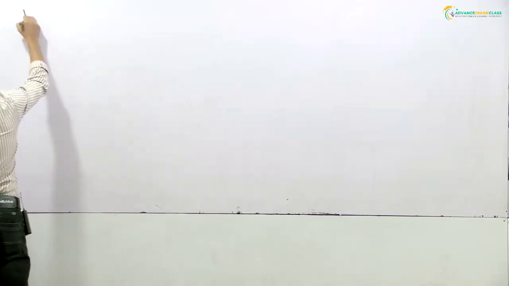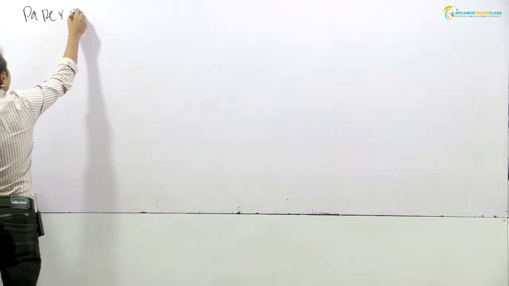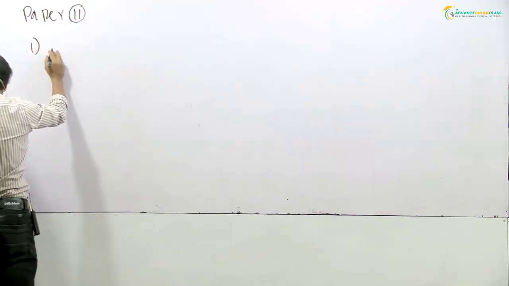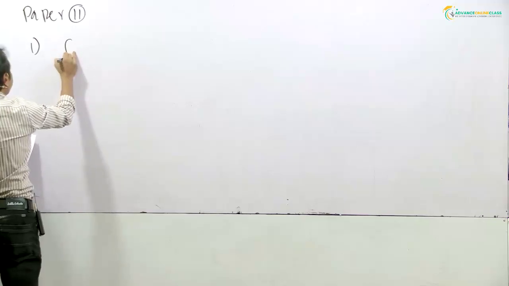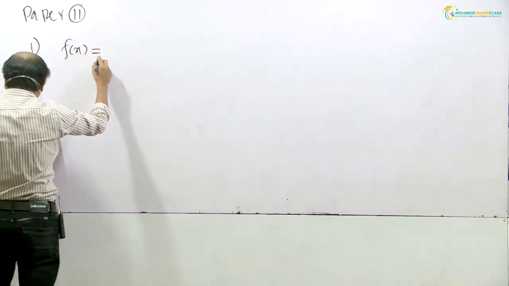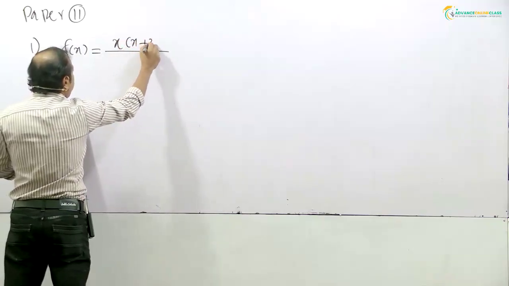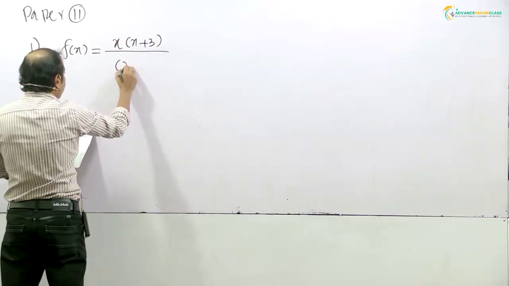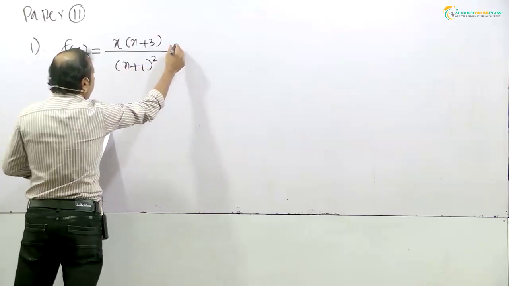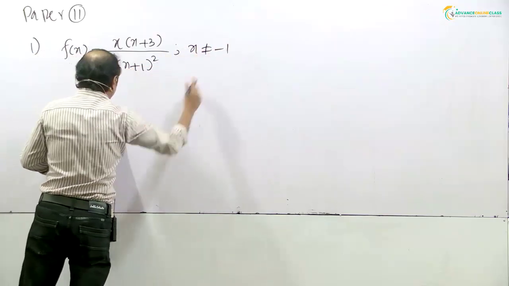Question number 1. f(x) is given by x times (x plus 3) over (x plus 1) perfect squared, x not equal to -1, right?